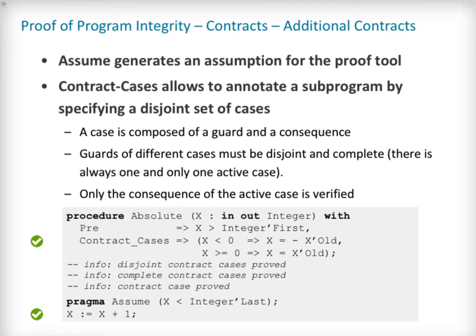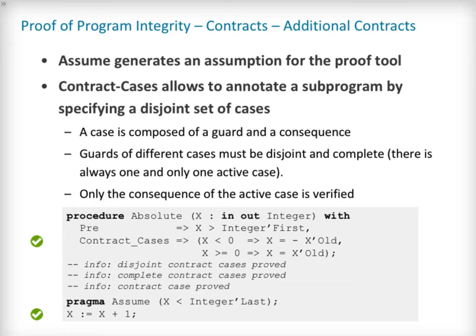Another construct introduced for GNATprove is the Contract_Cases aspect. It allows to specify the behavior of a subprogram by a disjunction of cases. Each element of a Contract_Cases aspect is in fact a small contract made up of a guard, which may only reference the subprogram's inputs and is evaluated before the call, and a consequence.